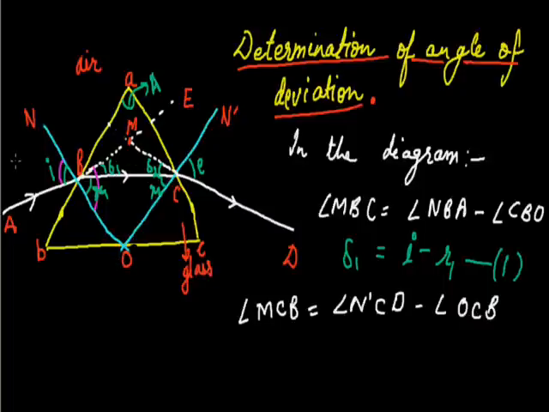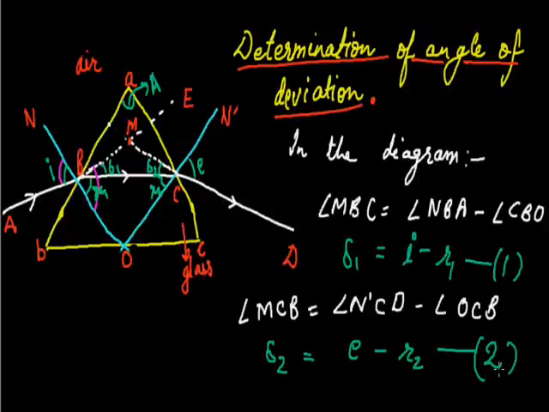When we write it in terms of the same symbols we have used, angle MCB is denoted by delta 2 and it is equal to E minus angle OCB, which is denoted by R2. So we have observed this is our equation number 2.